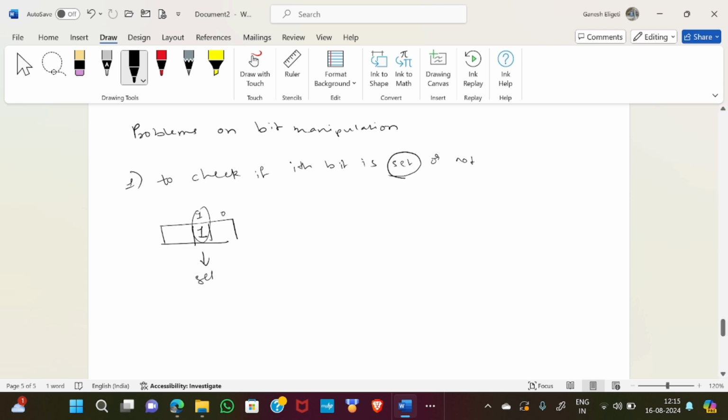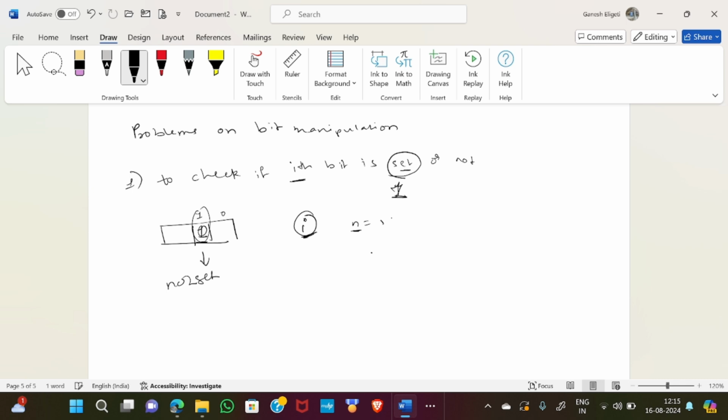So if it's 0, then it is not set. So set basically means 1. Now we have to check if the ith bit is set or not. In the question, they will give you what is i and what is n, and we have to find out if that position of the number n is 1 or not.